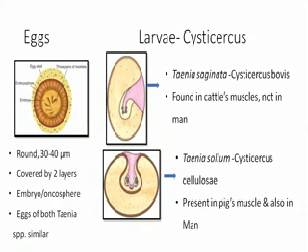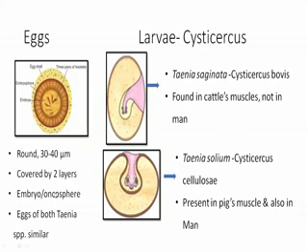Then you have to write that it is round and 30 to 40 microns in size. This is almost half the size of Ascaris eggs, which measure nearly 70 microns in Ascaris lumbricoides, which is more common in intestinal infection.